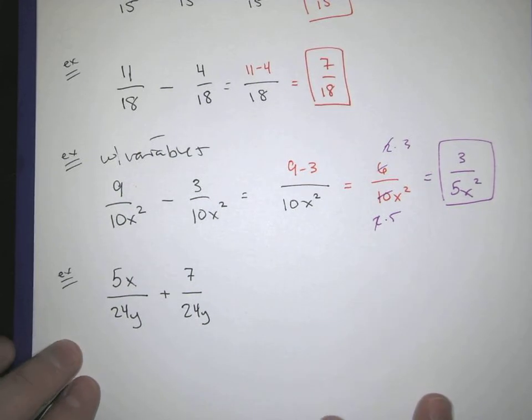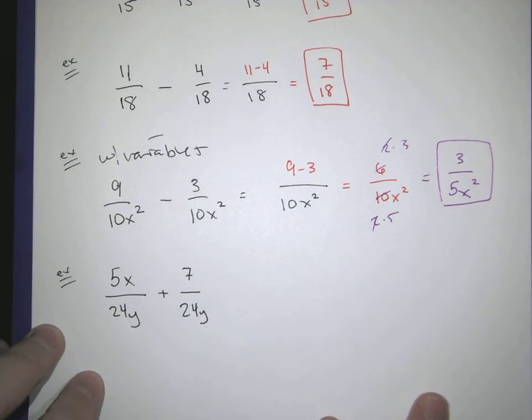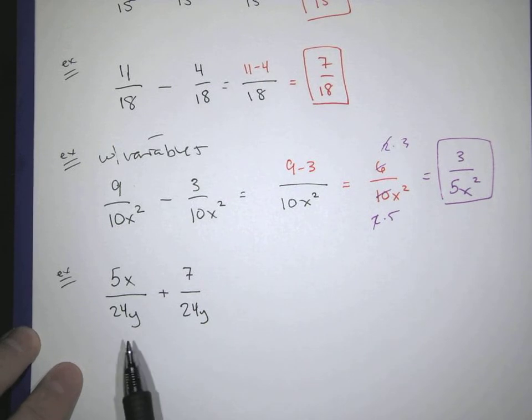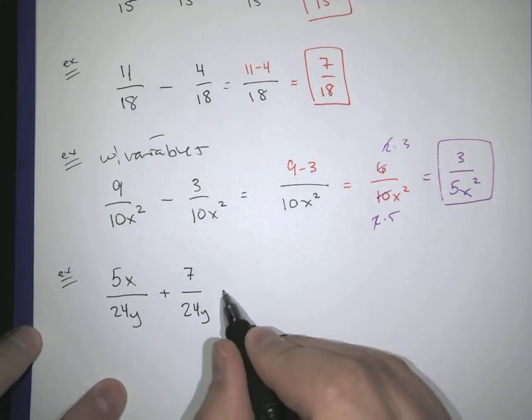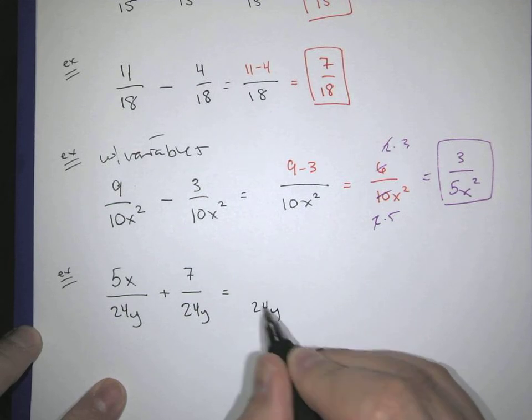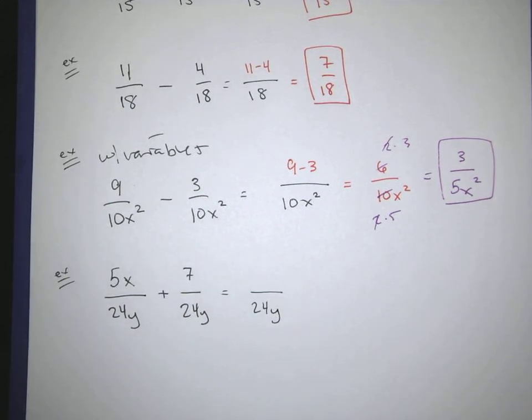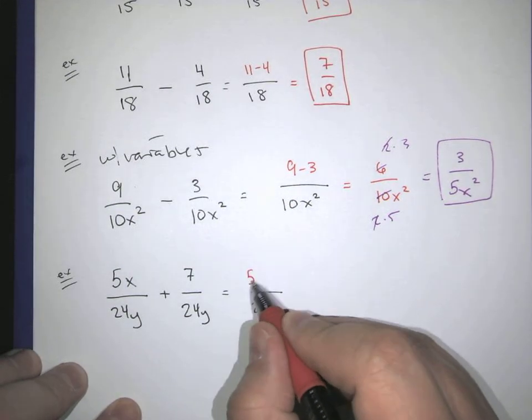So if I start to change these variables up a little bit, one of the things here that's happening is I've got denominators that are in sync. The whole idea with this section is that our denominators will be in sync, so we won't have to think too hard about that. But then up in my numerator, what's going on? So this is 5x plus 7.